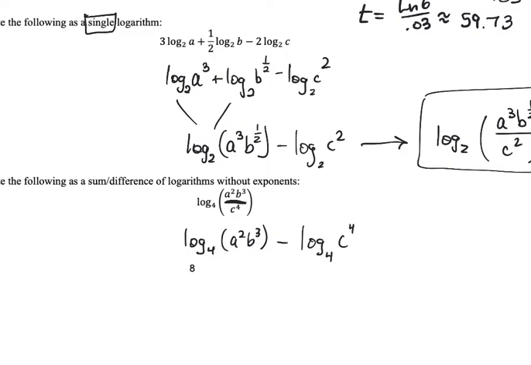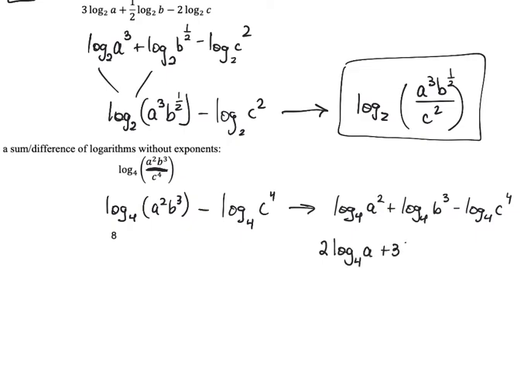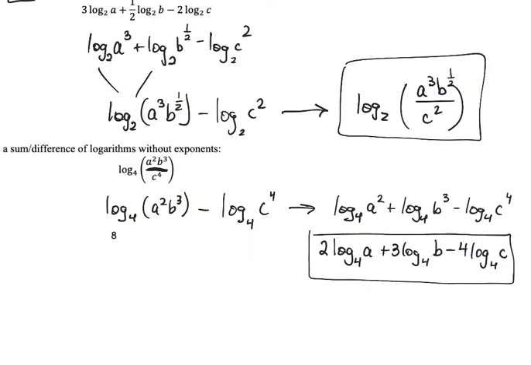So now we're going to separate this into two more logarithms using addition. So log base 4 of a squared plus log base 4 b cubed minus log base 4 of c to the 4th. And finally, you move the coefficient to the front so you have no more exponents. And that would be the final result there.